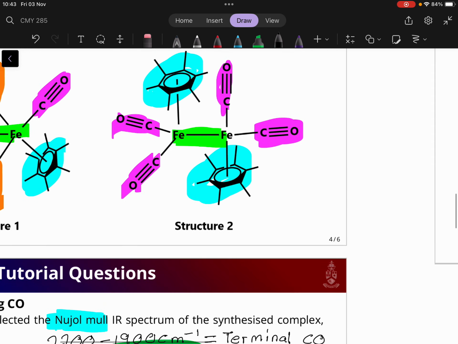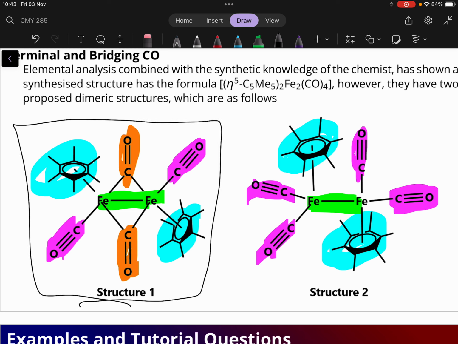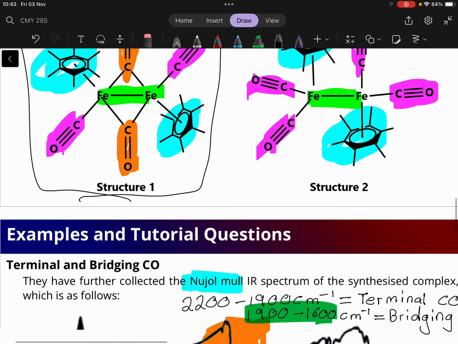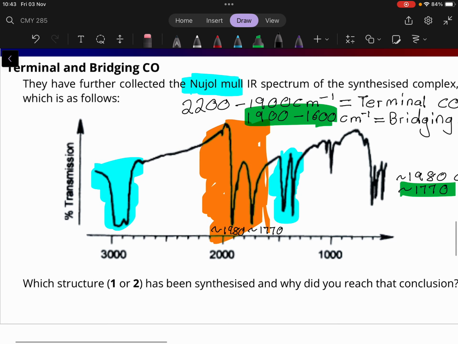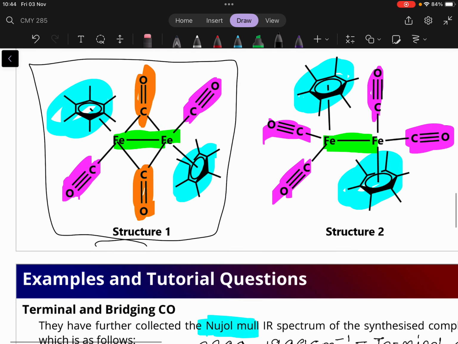So in other words, the complex that we're interested in is structure 1, because we saw bridging stretches. It's not a fully written out argument here, but it's basically the logic that you need to use to solve the problem. You can write it out in paragraph form to describe why this is what you observe and why you choose structure 1.